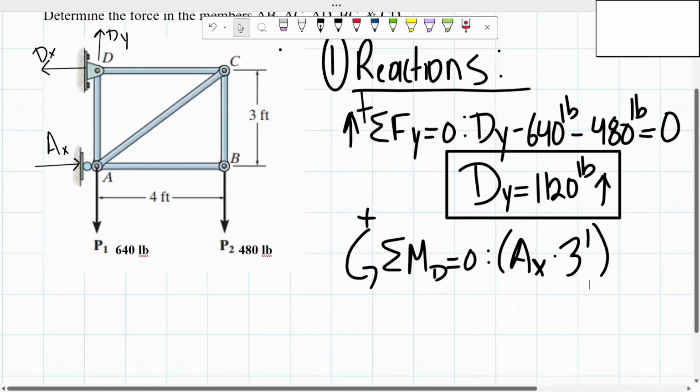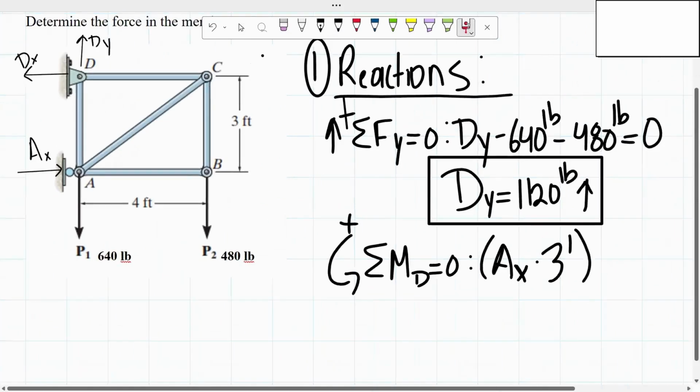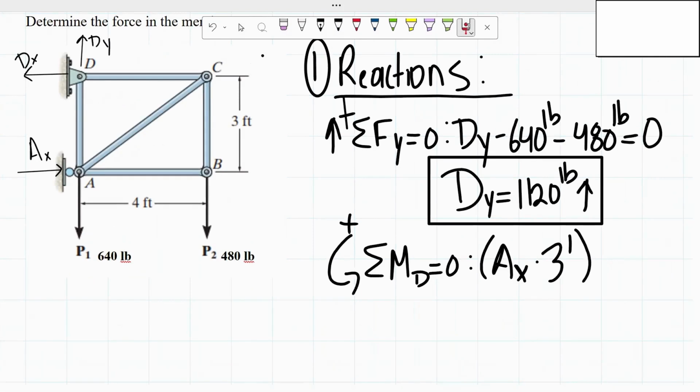From there, we have our 640 pounds. That is not going to be creating a moment since it's already parallel to that point D. The only other force creating a moment is our 480 pounds. Since it's going downwards, we know that's going to be creating a clockwise moment.